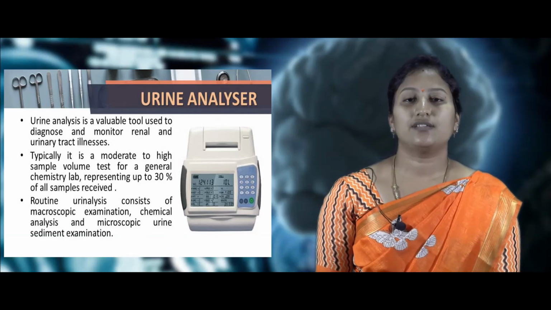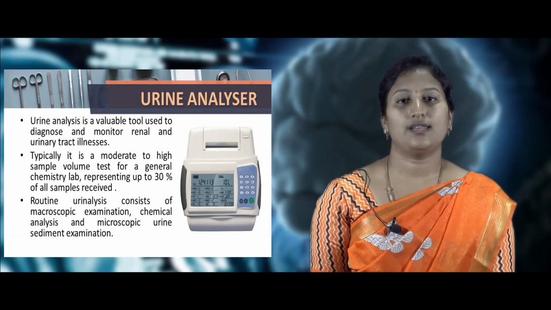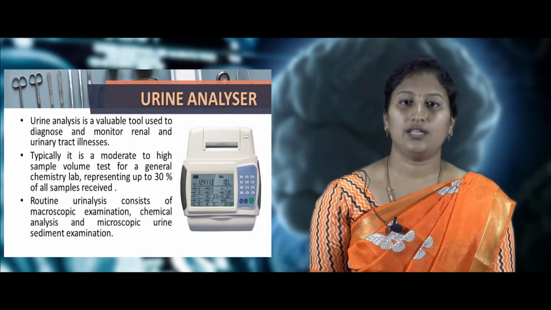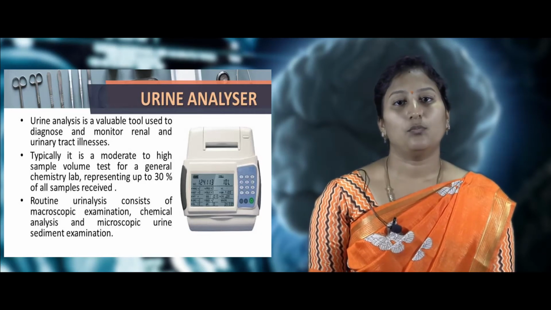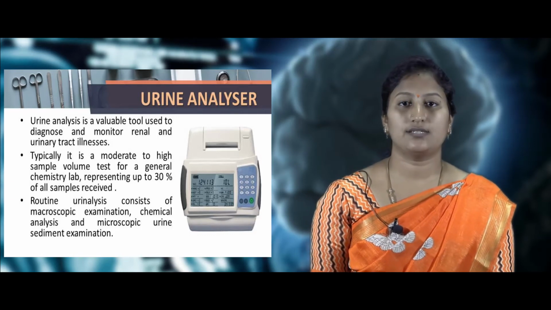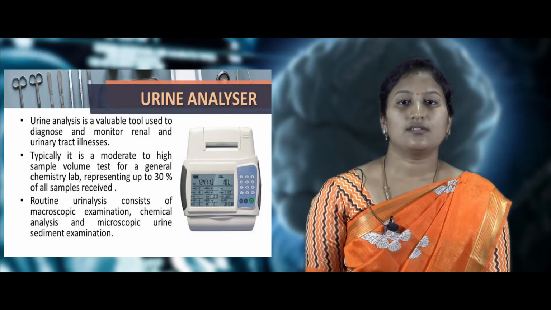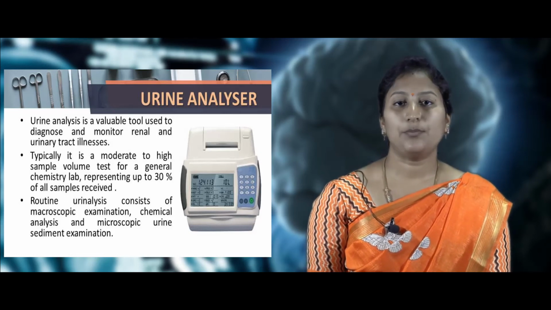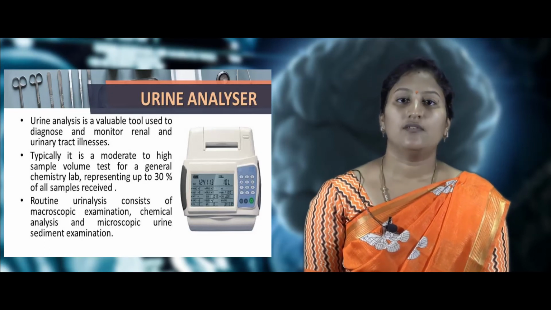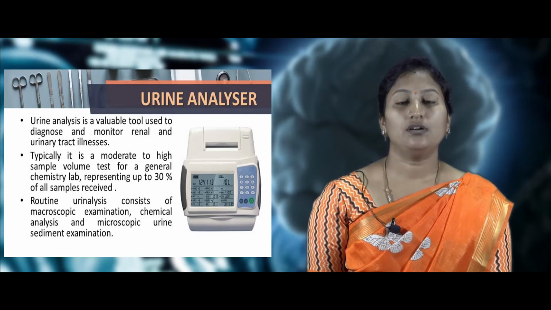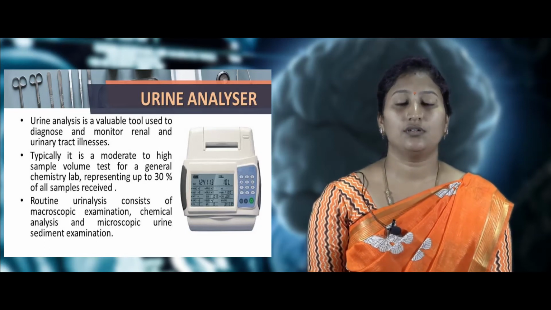The next device we are going to discuss is urine analyzer. Urine analysis is a valuable tool in diagnosing and monitoring renal as well as urinary tract illness. Urine analysis is typically a moderate to high sample volume test in a general chemical laboratory, with a representation of around 30% of the total samples received.